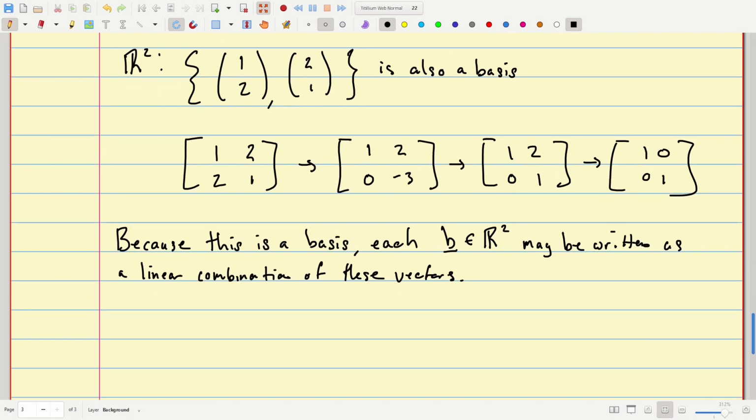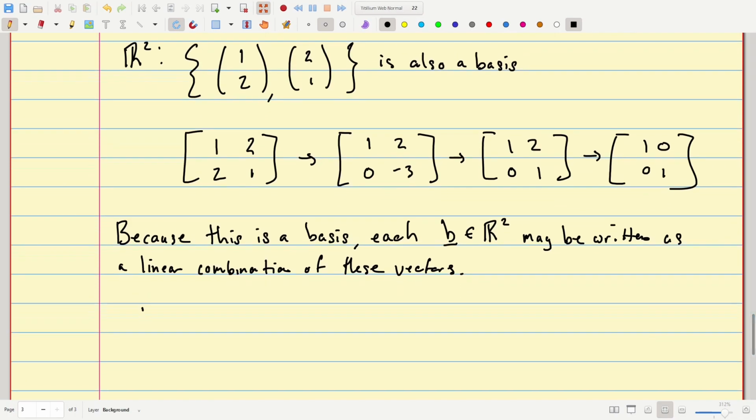That is to say that B is equal to (1, 2) x1 plus (2, 1) x2. Okay?